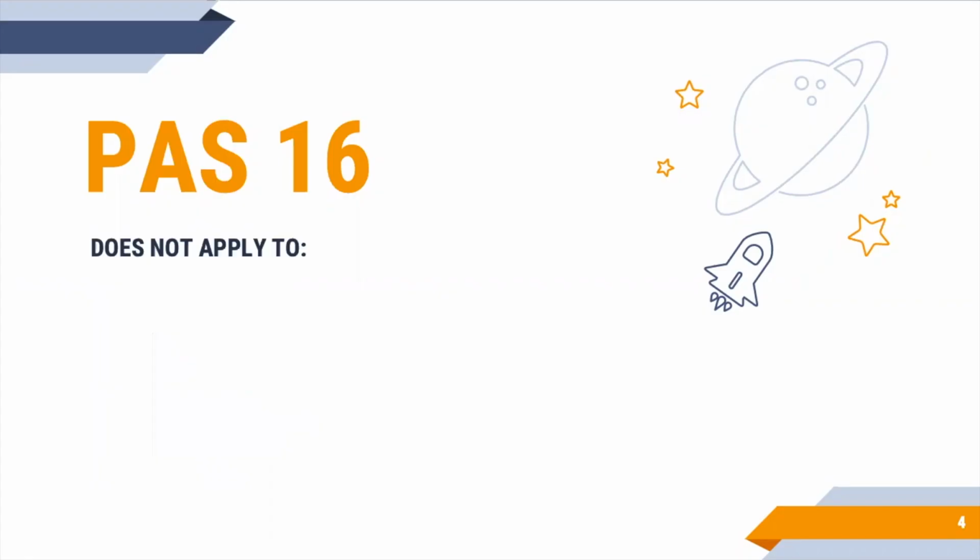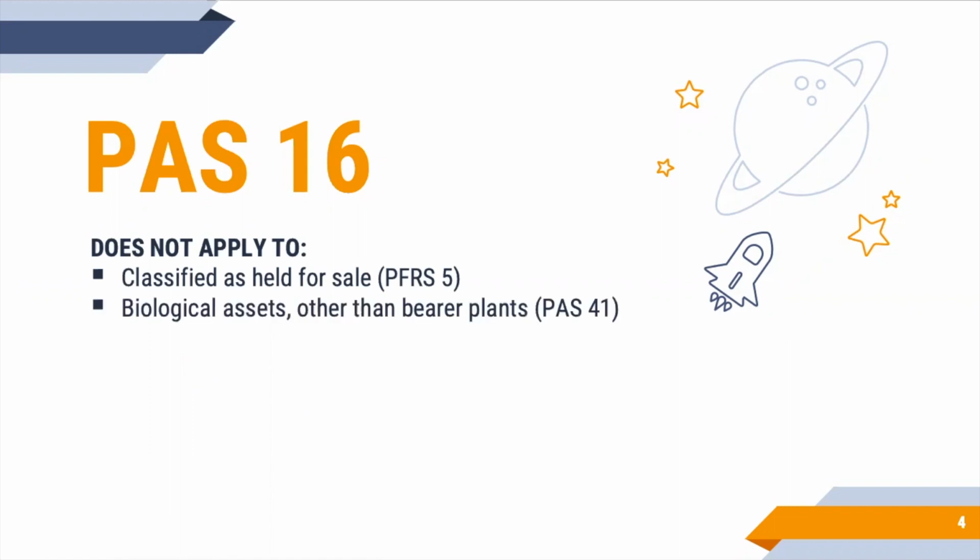However, there are items that PAS 16 should not be applied to. And these are, first, those that are classified as held for sale and they are accounted for under PFRS 5. Next is biological assets, except of course bearer plants, which are accounted for using PAS 41.